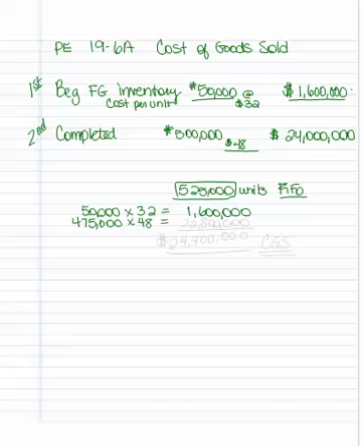When you multiply that out, that equals $22,800,000, and then you add those two together to find the total cost of those 525,000 units. You get $24,400,000, which is your cost of goods sold at the end of the month.